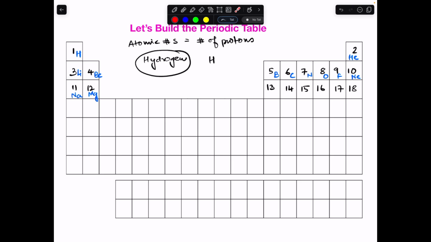So now what we see is two things. Notice carefully, we go from left to right this way. When you go across a row from left to right, that is a period.